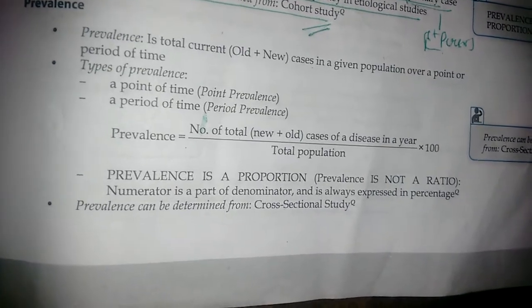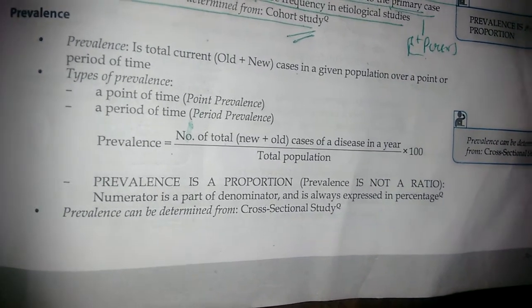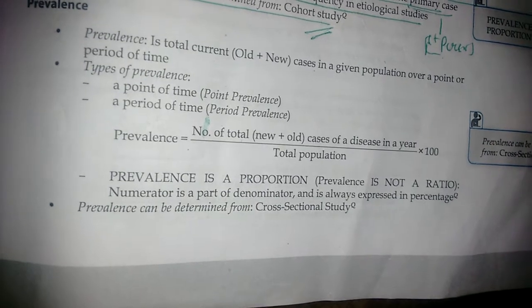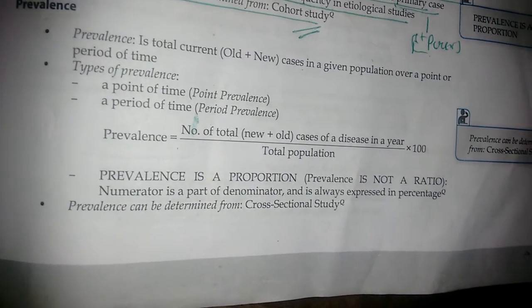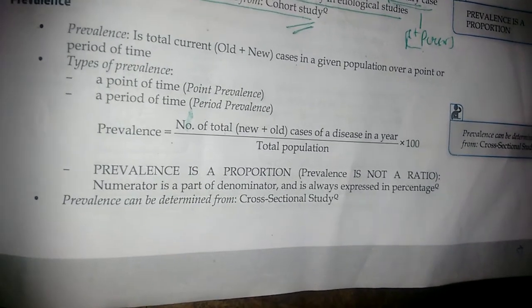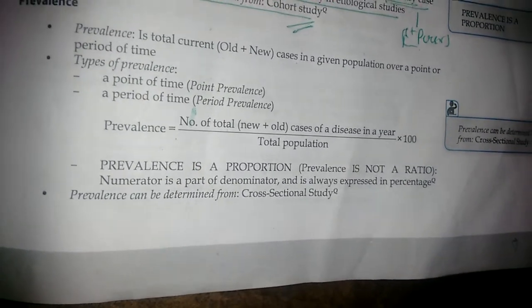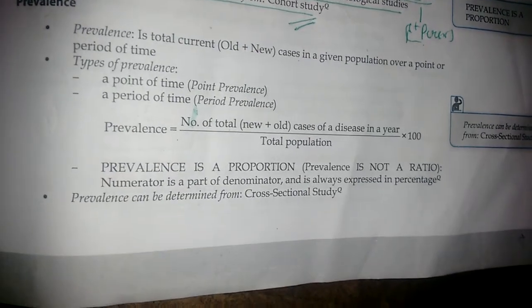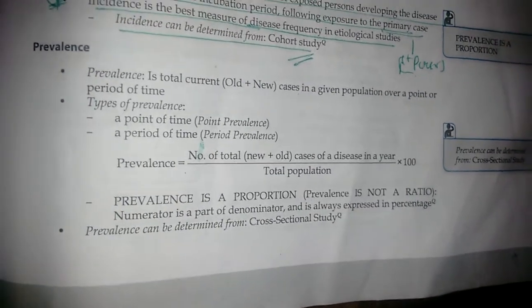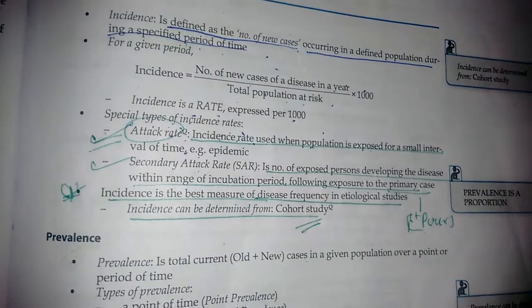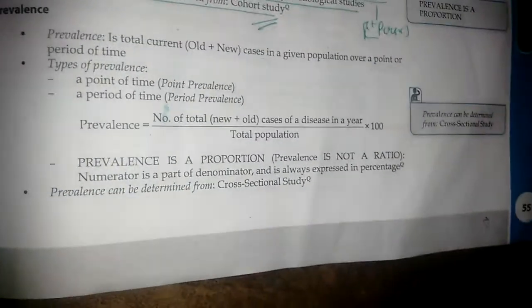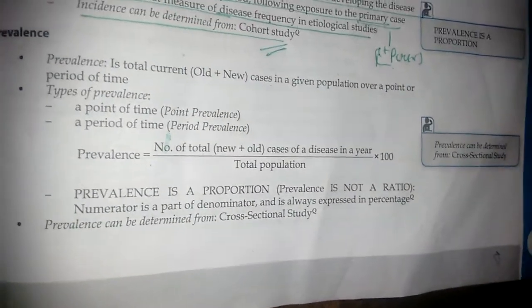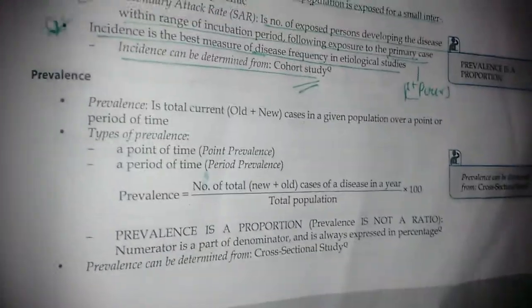Prevalence can be determined from cross sectional studies. Incidence is the number of new cases by the population exposed, while prevalence is new plus old cases by the total population, multiplied by 100.